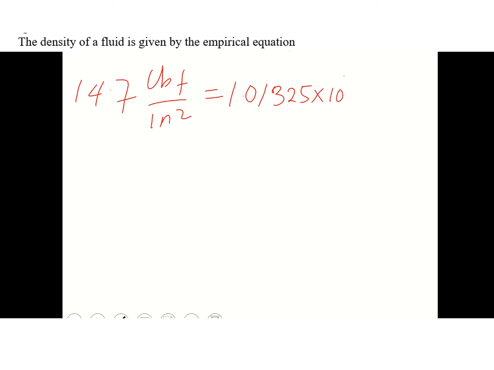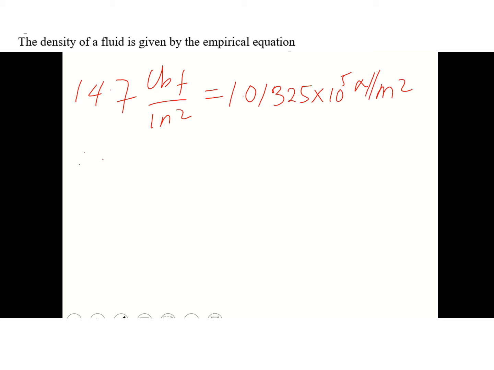Let's do the second one. We know that 14.7 pound force per inch square is equal to 1.01325 times 10 raised to the power 5 Newton per meter square.